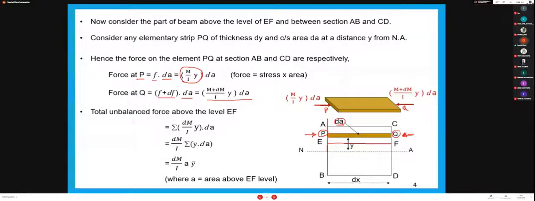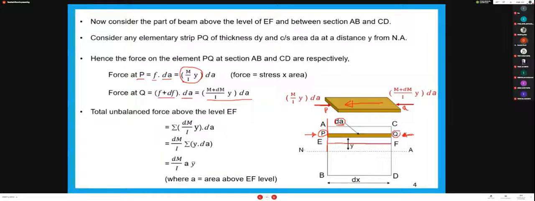So the total unbalanced force acts in this direction. The unbalanced force is parallel to this plane. So the total unbalanced force above the level EF is the force at Q minus the force at P. So we get this value dM by I into y into dA.